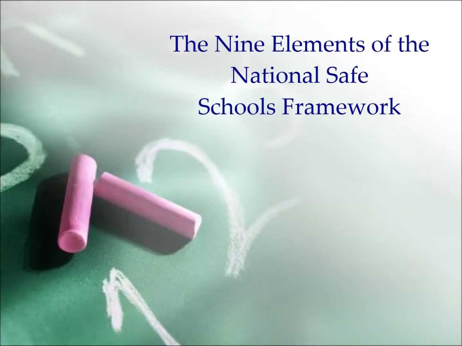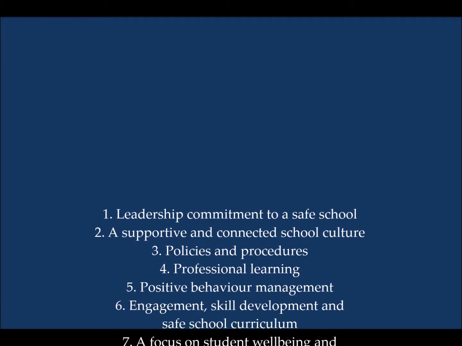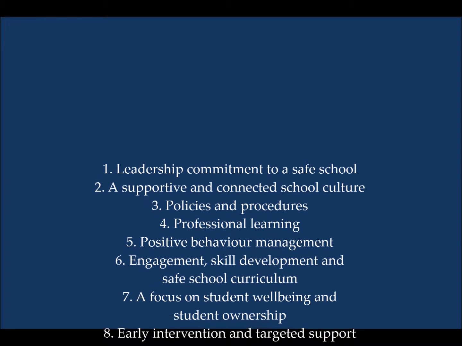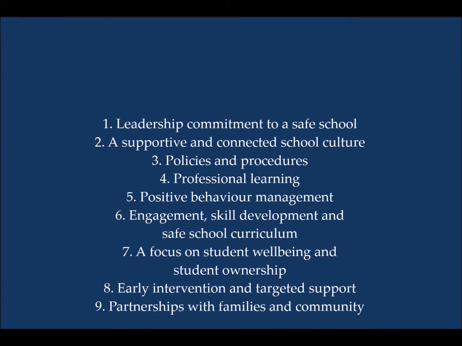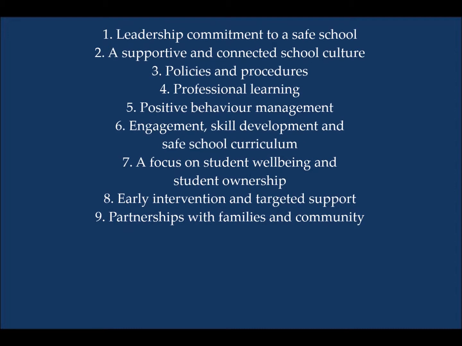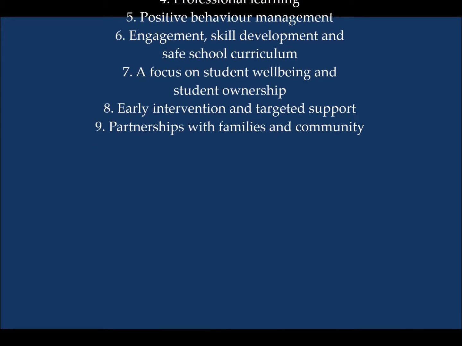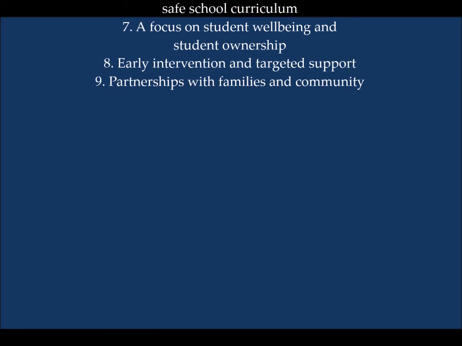The 9 elements of the National Safe Schools Framework include leadership commitment to a safe school, a supportive and connected school culture, policies and procedures, professional learning, positive behaviour management, engagement skill development and safe school curriculum, a focus on student well-being and student ownership, early intervention and targeted support, and partnerships with families and community.